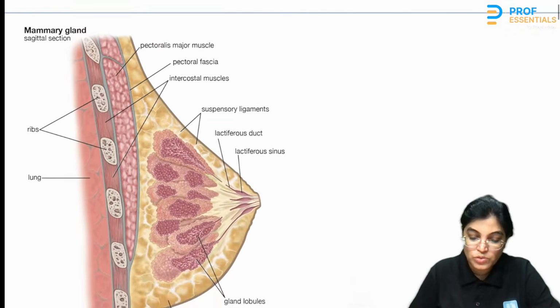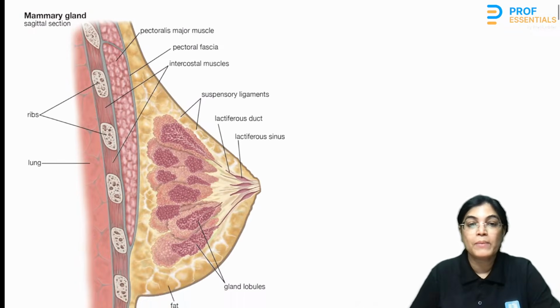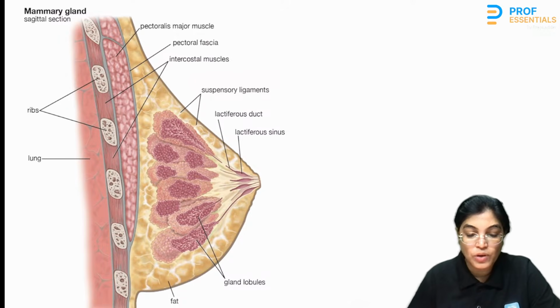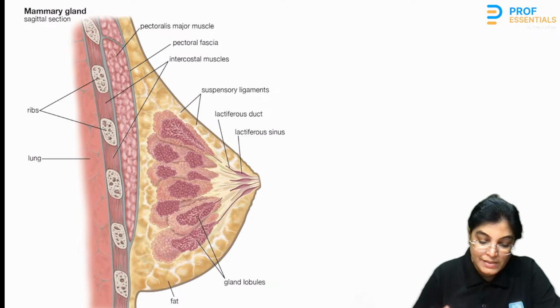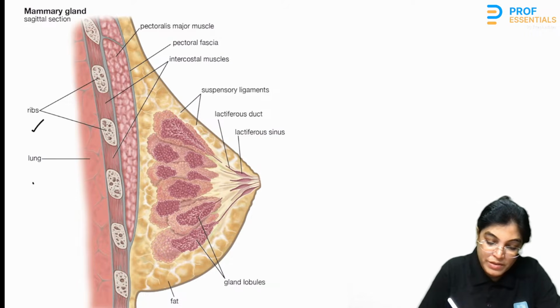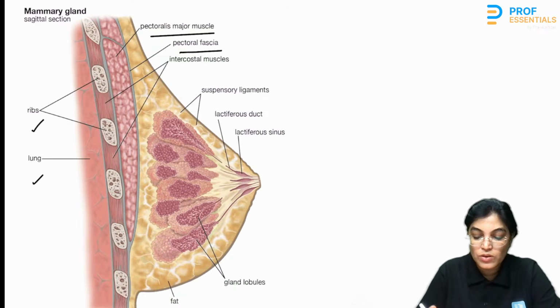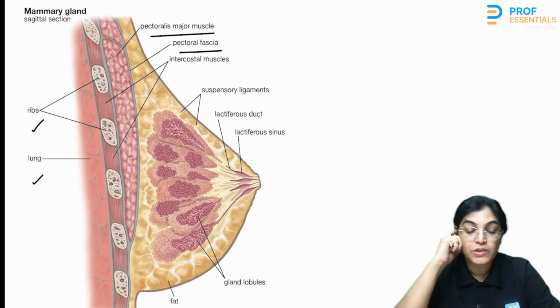Let me show you another image. This is an image of the mammary gland. You can see that posterior to it we have ribs and lungs. You can see the pectoralis major muscle covered by pectoral fascia, and the ribs interconnected by intercostal muscles.